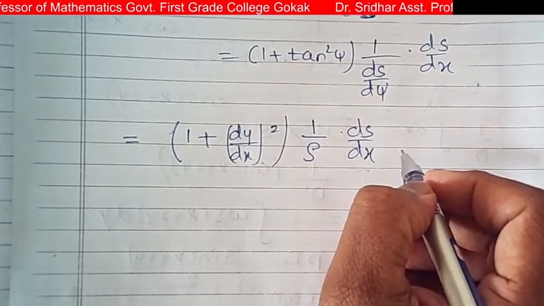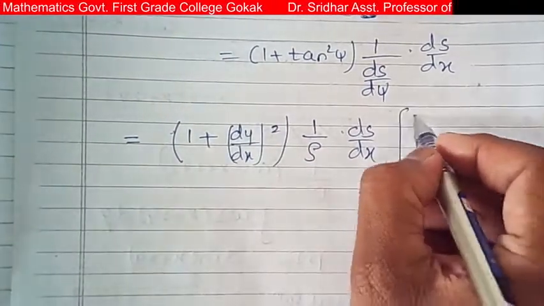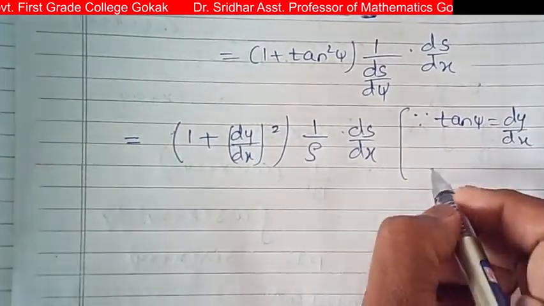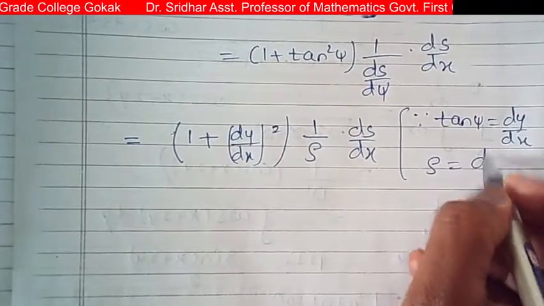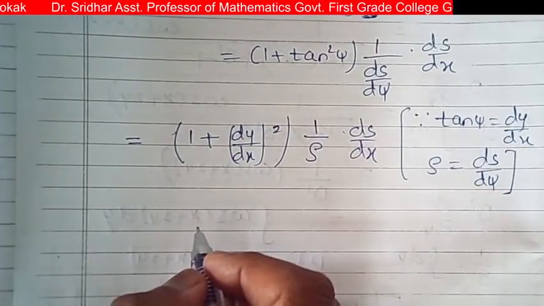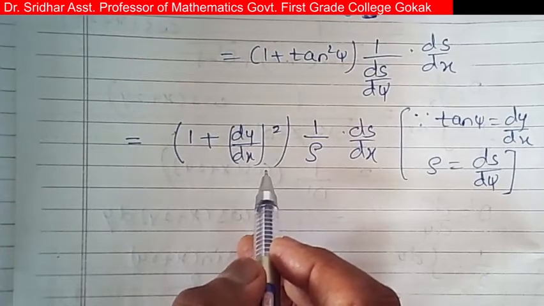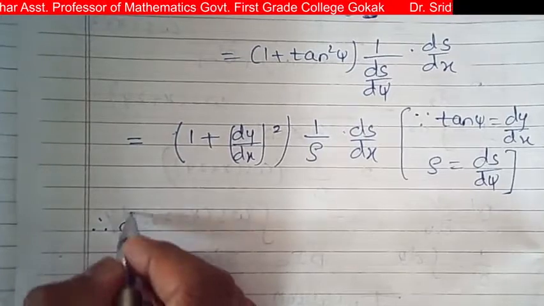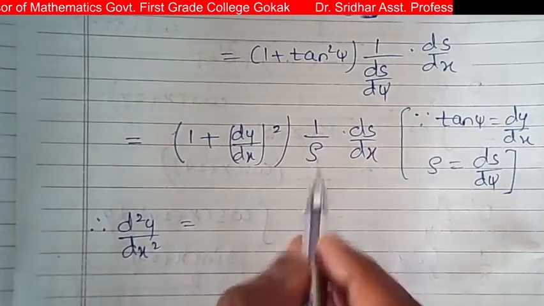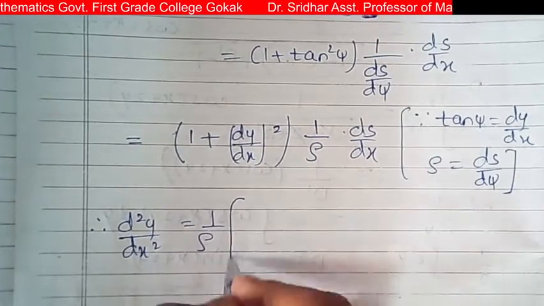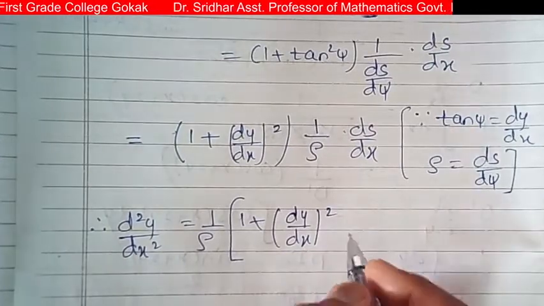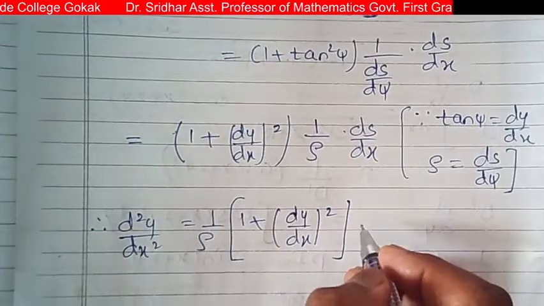Substituting all this, we get d square y by dx square is equal to 1 by rho into 1 plus dy by dx whole square.